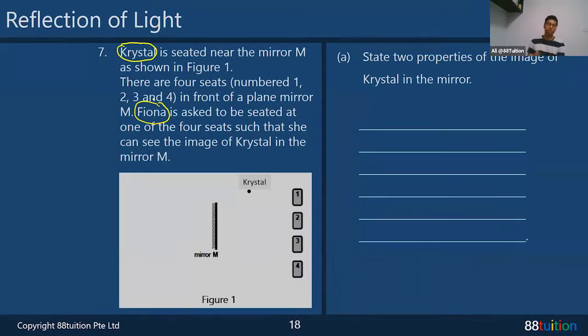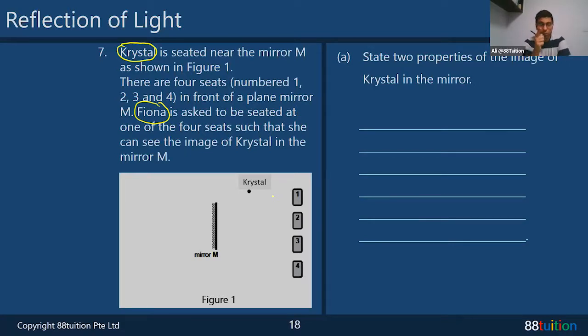So Fiona is now asked to sit at one of the 4 seats such that she can see the image of Crystal in the mirror. Fiona is asked to choose seat 1, seat 2, seat 3, or seat 4, such that she can see the image of Crystal. Of course, she can see Crystal. You sit on any seat, you can see the person Crystal. Imagine you are Fiona and you can sit on the seat. You'll see Crystal, definitely.